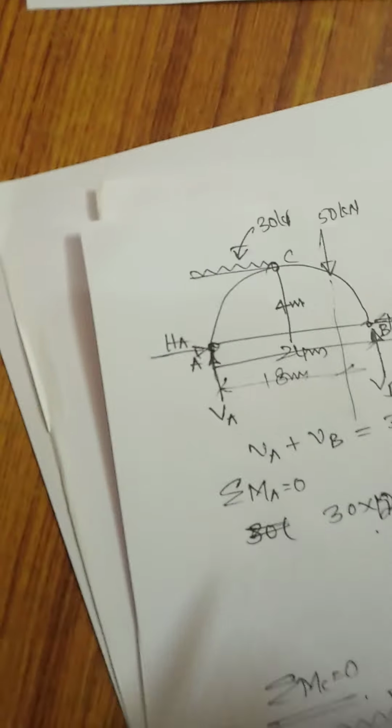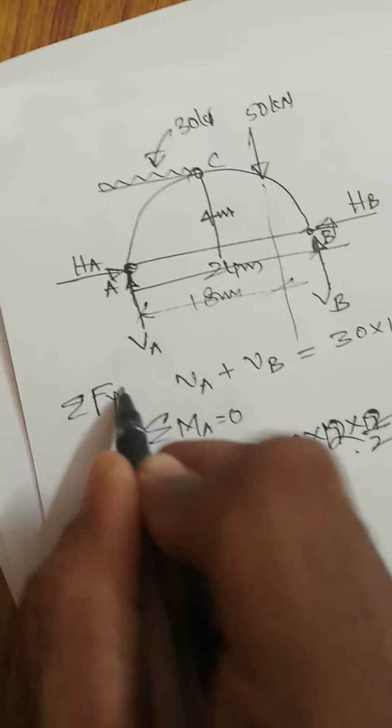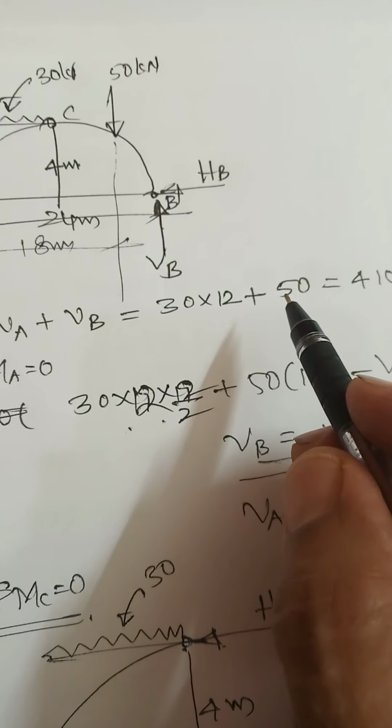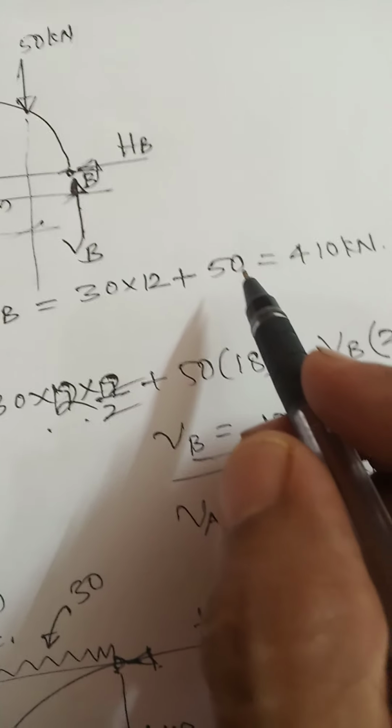Summation of Fy is equal to 0, which gives Va plus Vb equal to 30 into 12 plus 50, the downward forces.